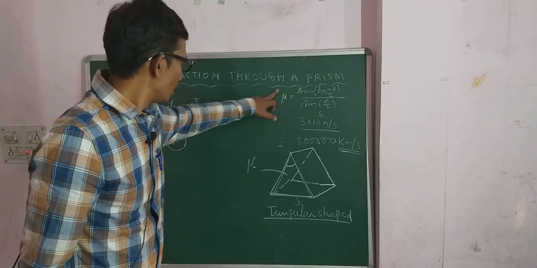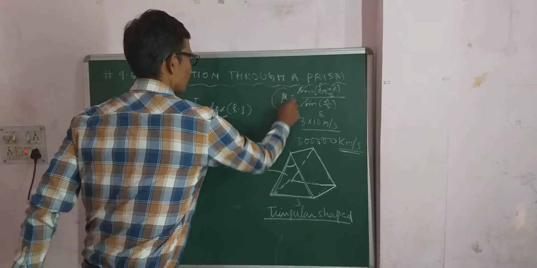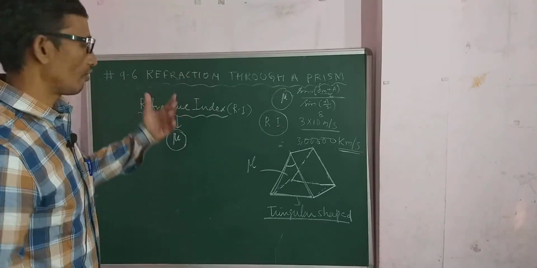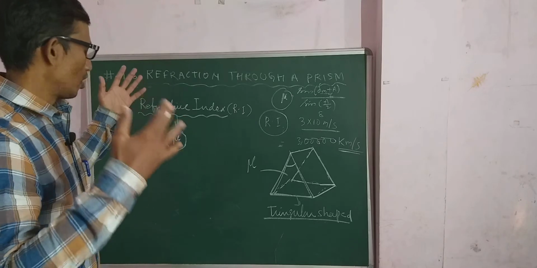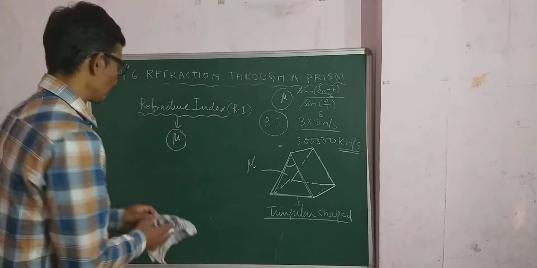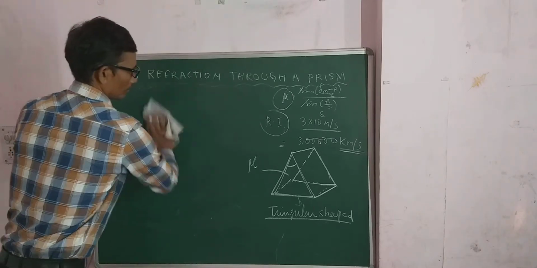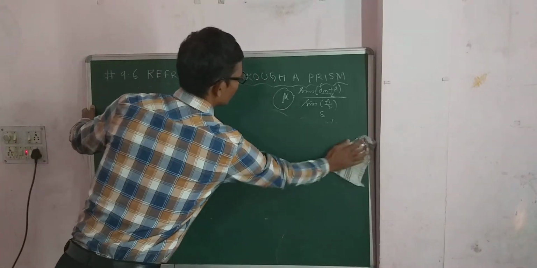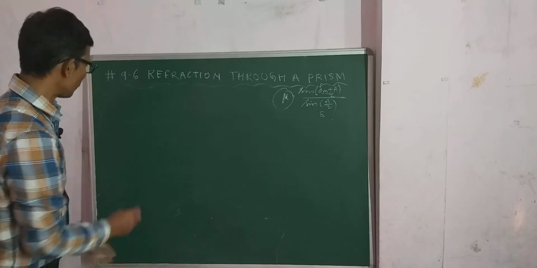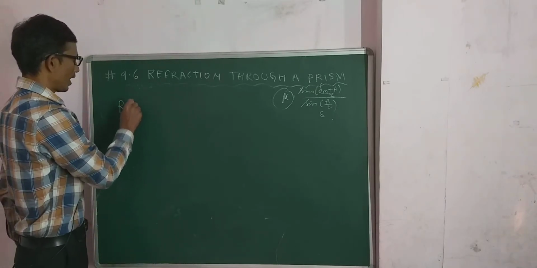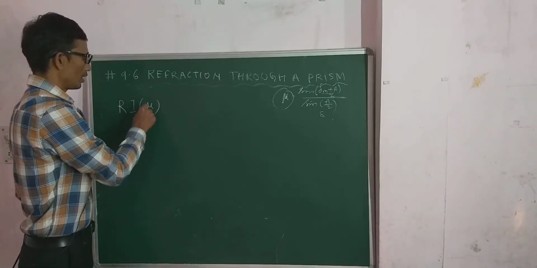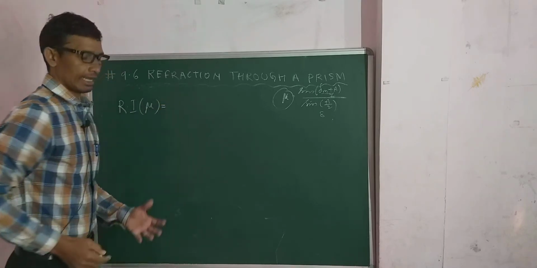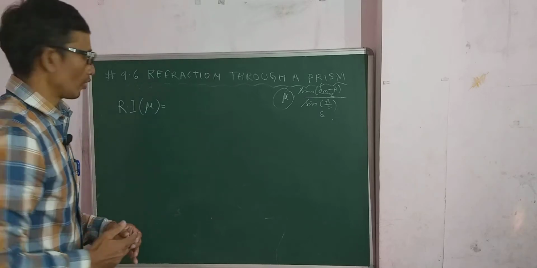But here is the refractive index. Alright. What is refractive index? Let's go through. Refractive index, that is mu, is unitless, and it is defined like this.